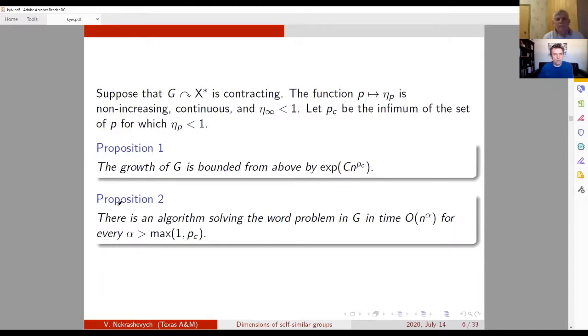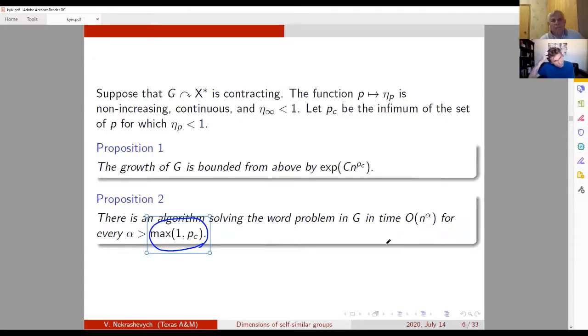Another interesting fact is that this number gives you an estimate on the word problem. So for every number alpha greater than this critical exponent, there is an algorithm solving the word problem in this group G in polynomial time, with exponent equal to this number alpha.